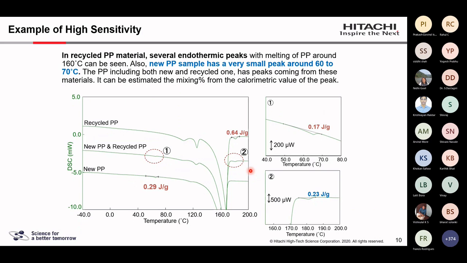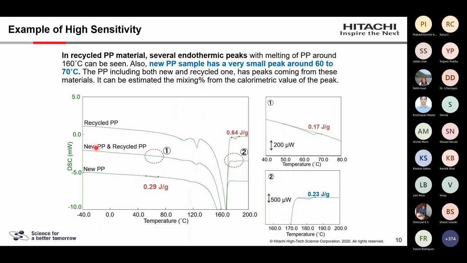A third application of DSC shown here is something you hear about many times in the field, where a recycled polymer is added to the virgin polymer. On the left-hand side, you see a recycled polypropylene, a polypropylene with the recycled material, and a virgin polypropylene. So there are three samples: recycled, recycled mixed with the virgin polypropylene, and virgin polypropylene at the bottom. Let us concentrate on the middle graph.